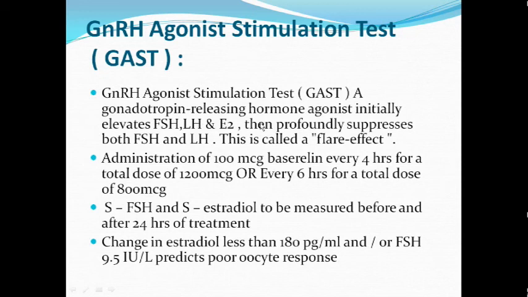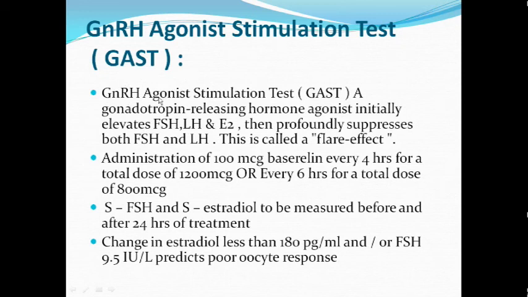And then, because this exogenous GnRH occupies all the receptors in the pituitary, it profoundly suppresses both FSH and LH, because hypothalamic GnRH could not act on the pituitary, as the receptors are already occupied by the GnRH agonist.